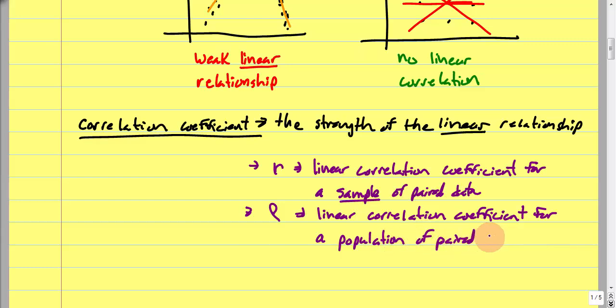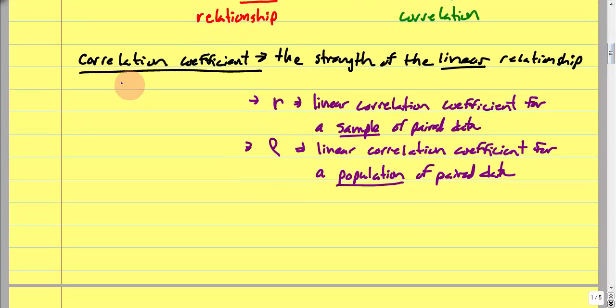So these are identical. One is based on a sample, one is based on a population, and that's the big key word here. The strength of the linear relationship: r is based on a sample, rho is based on a population.